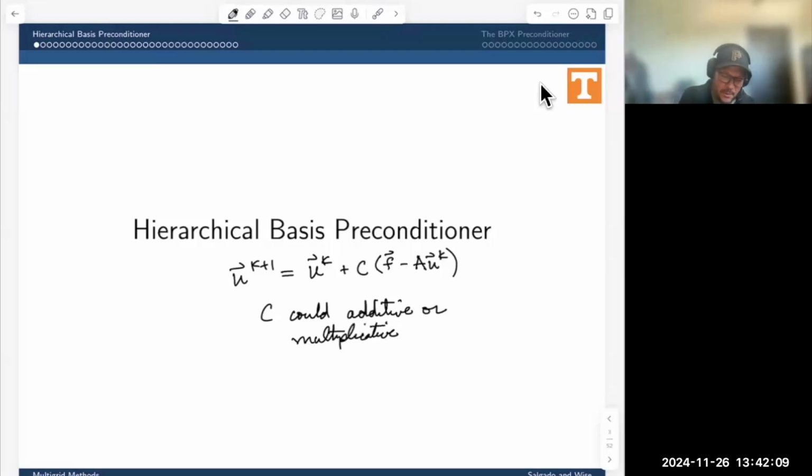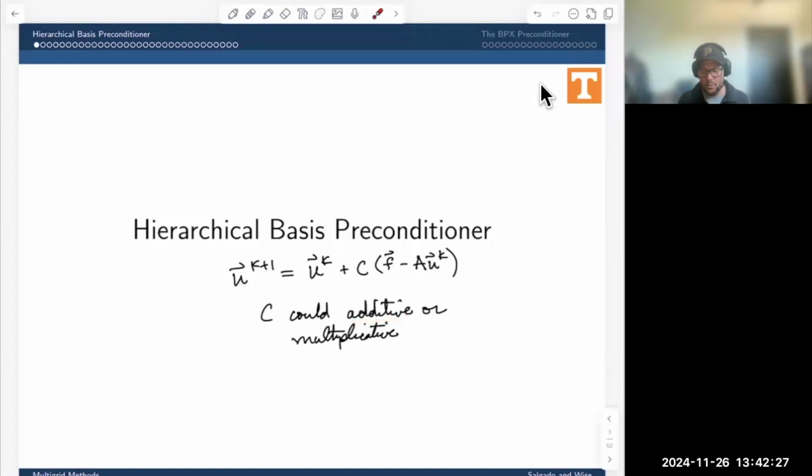Well, in multigrid, we saw that the preconditioner is actually multiplicative. All right, now we want to construct something which is different, a new kind of iterative scheme where the preconditioner or the iterator matrix is actually additive.